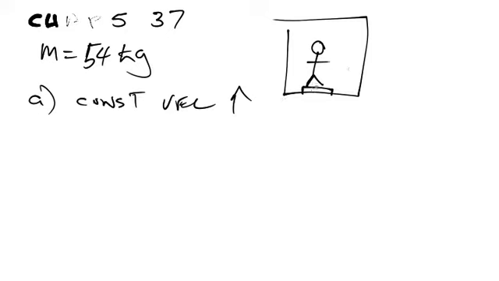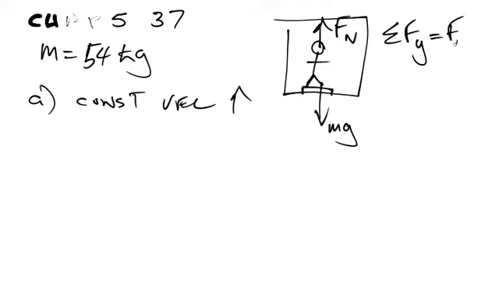Now the answer to this is, if we were to draw the free body diagram, we have a normal force going up, and we have gravity acting down. But what we would write in this case is we'd say sum of the forces in the y direction equal the net force in the y direction.